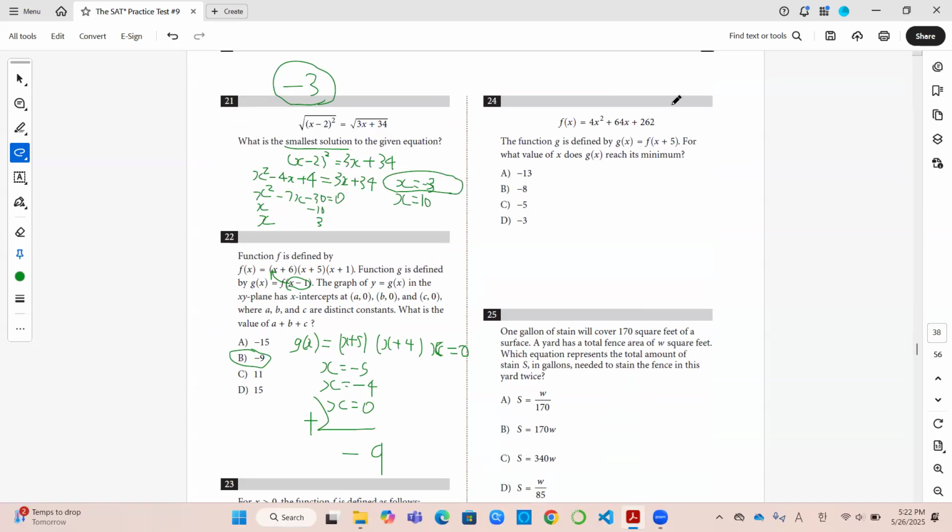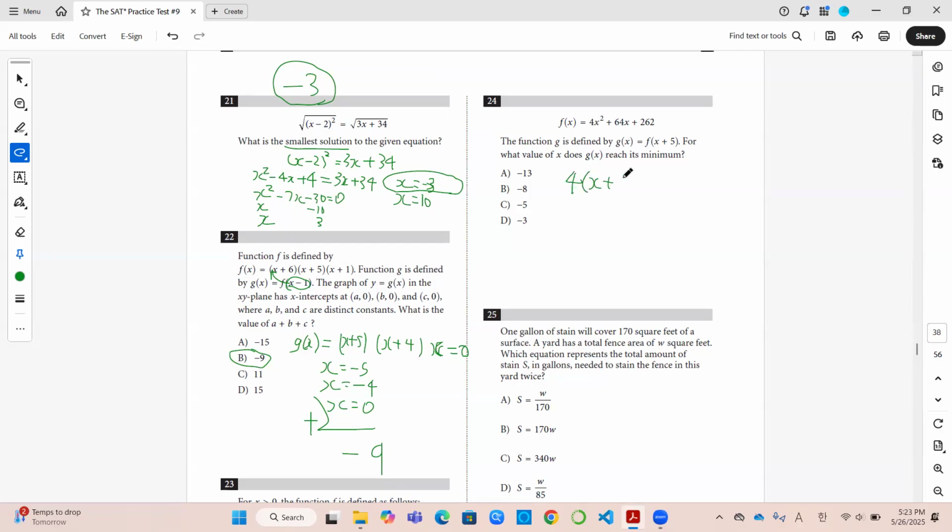Okay, question number 24. The function g is defined by g of x is equal to f of x plus 5. For what value of x does g of x reach a minimum? I would rather put this in a graphing calculator, just to save time.